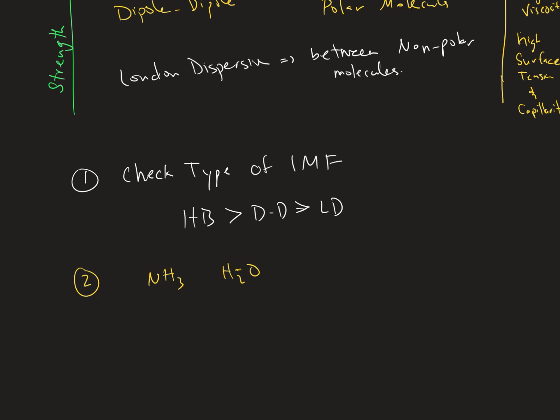But if we have HF, that one's higher, but there's only one bond. This structure would be greater, so it would be H2O. So if we put it in order from lowest to highest, it'd be HF, then NH3, then H2O. And that's because of the structure.